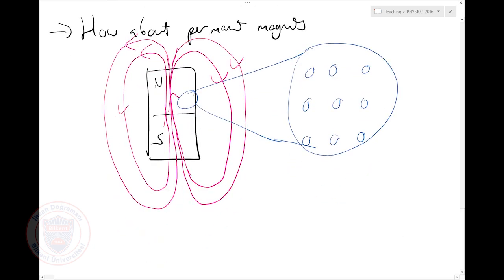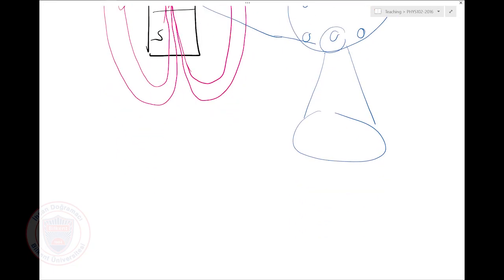Inside each atom, so I'm going to zoom again, and this is a cartoonish picture, I know, but there is a nucleus of positive charge, and there are electrons practically orbiting this nucleus. And is that a moving charge? Is that a current? Well, yes, that is a current.